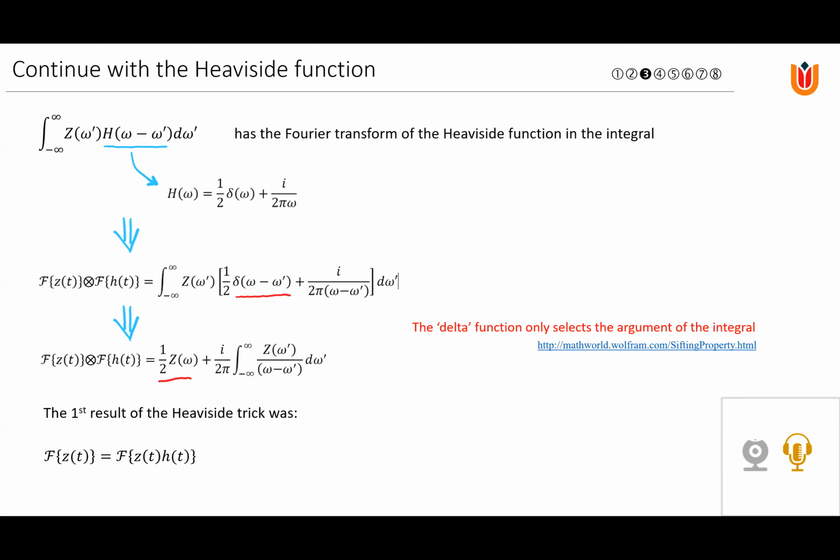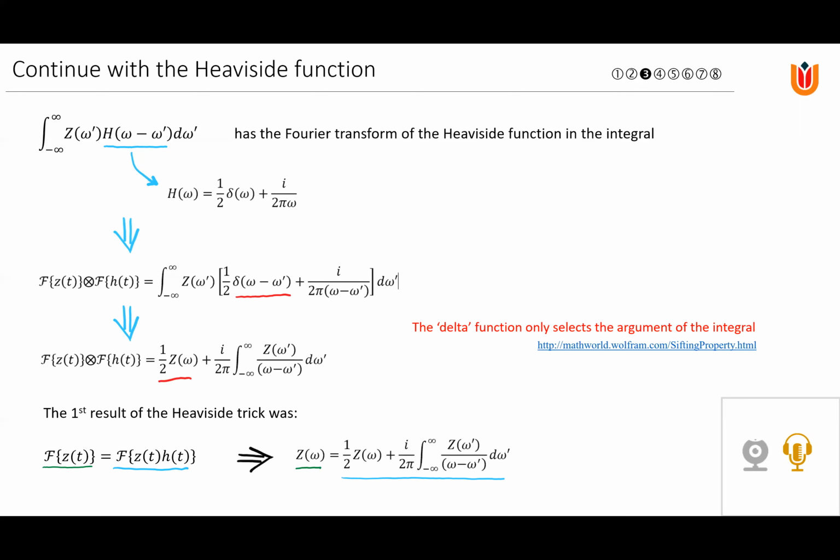Okay. So we did a few manipulations. The first result was that there was no difference if we multiplied z of t with this step function, then that did not change the function. So that implied that these two Fourier transforms would be the same. So now on the left-hand side, the Fourier transform of z of t is Z of omega.